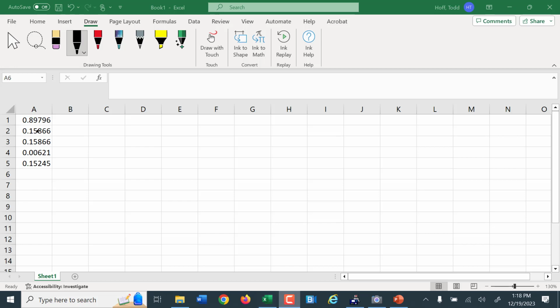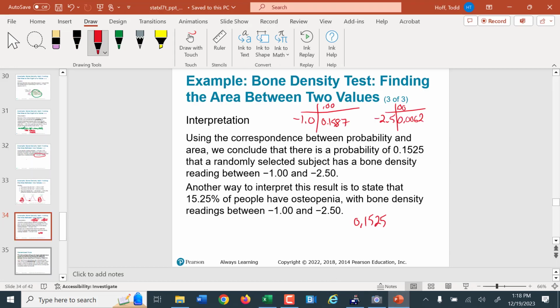So both methods give us the same result: 0.1525 is the probability that a randomly selected person will have a bone density test between -2.5 and -1, which puts them in that osteopenia category.